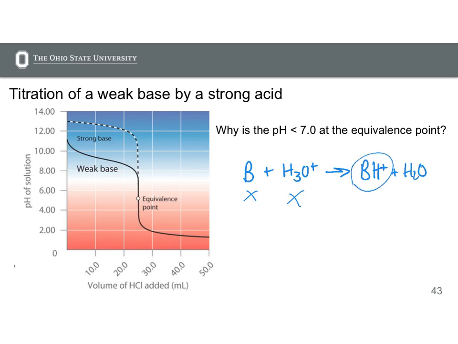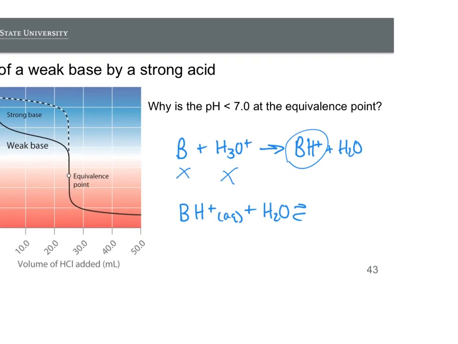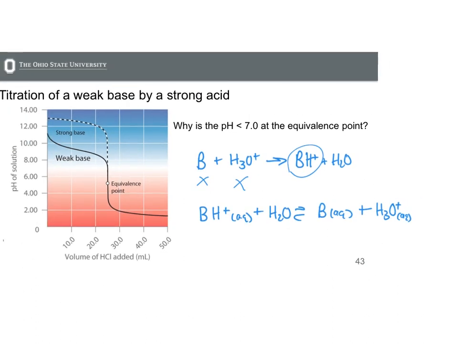So the only thing left in solution is BH plus. And so it's going to be in equilibrium with water and form the base plus H3O plus. And because we have the H3O plus, that means our pH is going to be less than 7, as long as we're at 25 degrees Celsius. Okay? That make sense?